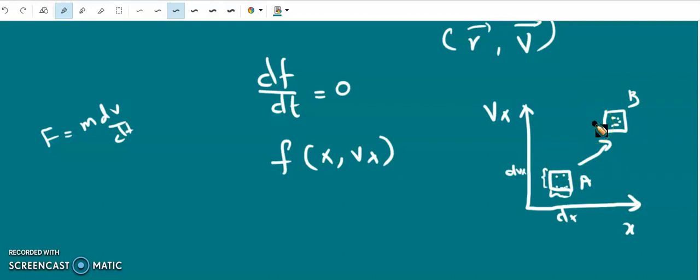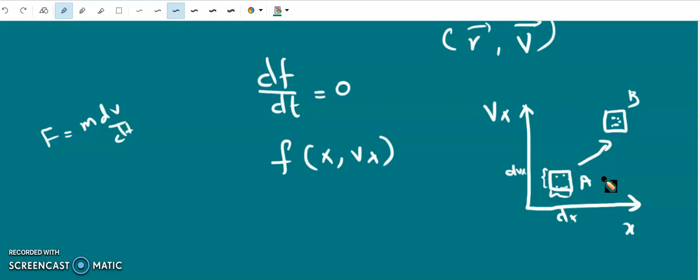Okay. Since these forces depend on x and vx only, all the particles at A will be accelerated by the same amount. So the force is a function of the initial x and vx. And therefore all the particles here have the same x and vx values. They will be accelerated by the same amount.